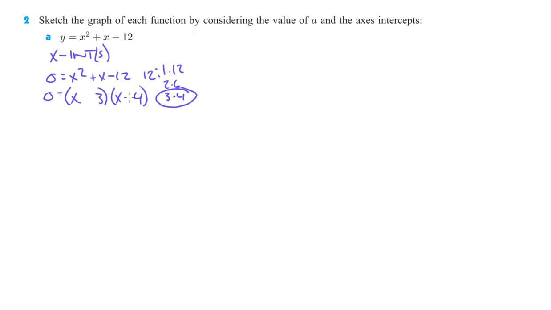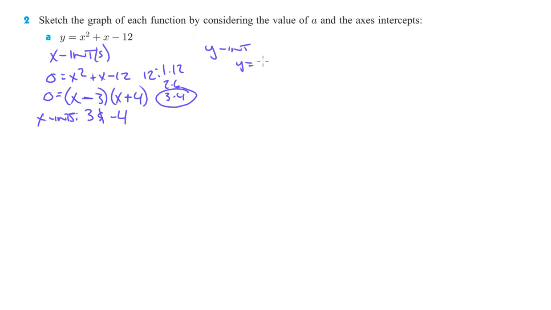This sign goes with the bigger of the two, and then a positive times a what gives us a negative, and that would be a negative. So x-intercepts are going to be 3 and -4. Okay, and then if we're looking for the y-intercept, that's when our x equals 0, right?